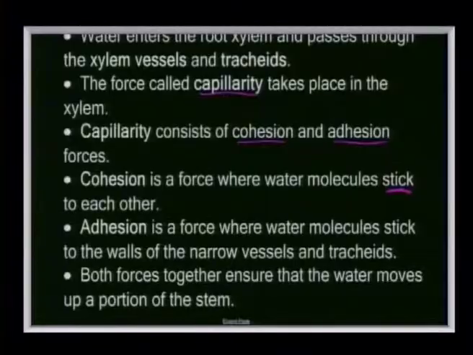Stick to each other. Adhesion, stick to the sides. If I want something to stick to something else, I use an adhesion glue or an adhesive glue. All right, so cohesion, stick to each other. Adhesion, water molecules stick to the walls of the narrow vessels and tracheids. Both forces together ensure that water moves up a portion of the stem.